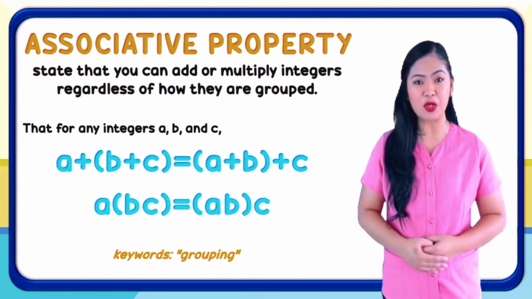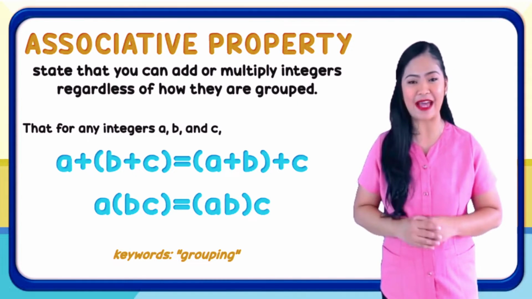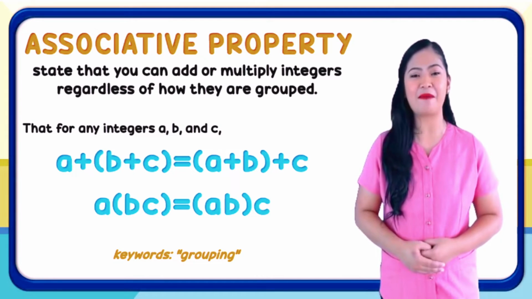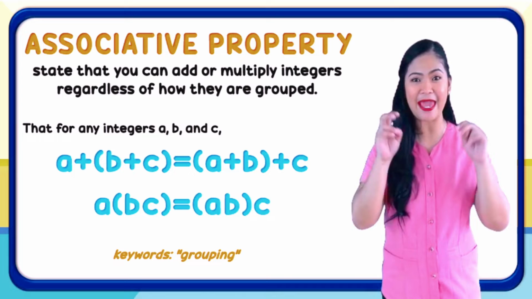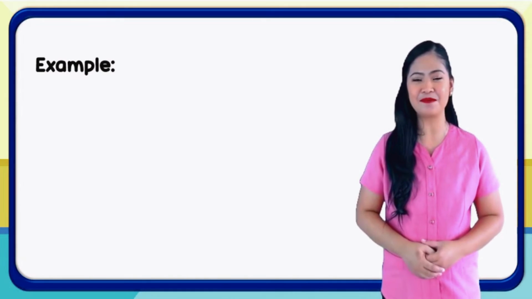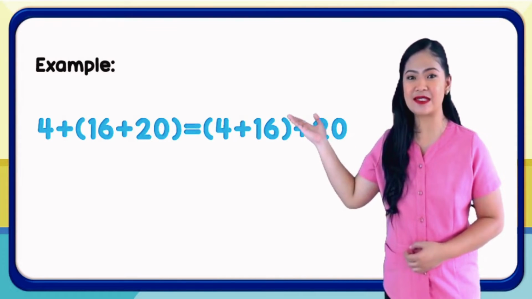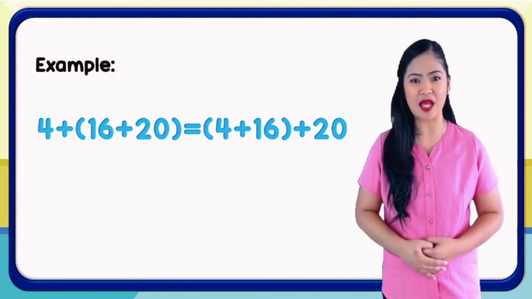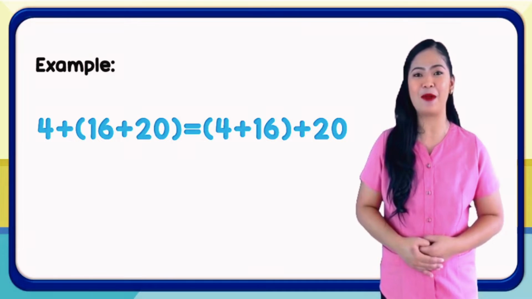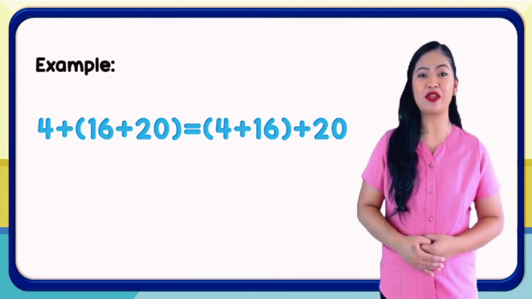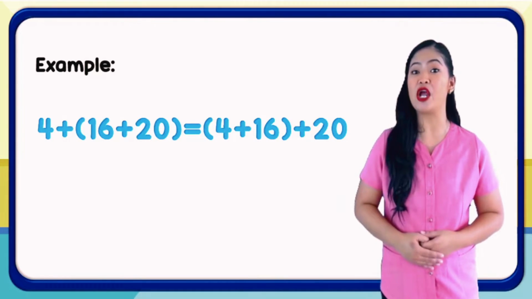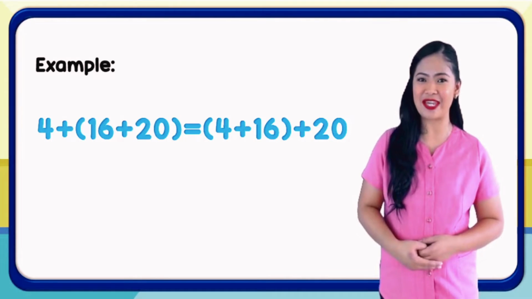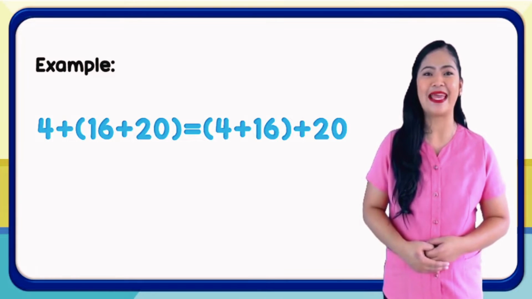No matter what grouping the addends or the factors are, the results will be the same. Remember this keyword: groupings. For example, 4 plus the sum of 16 and 20 is equal to the sum of 4 and 16 plus 20. No matter which two integers are grouped together, it will result to the same answer, which is 40.